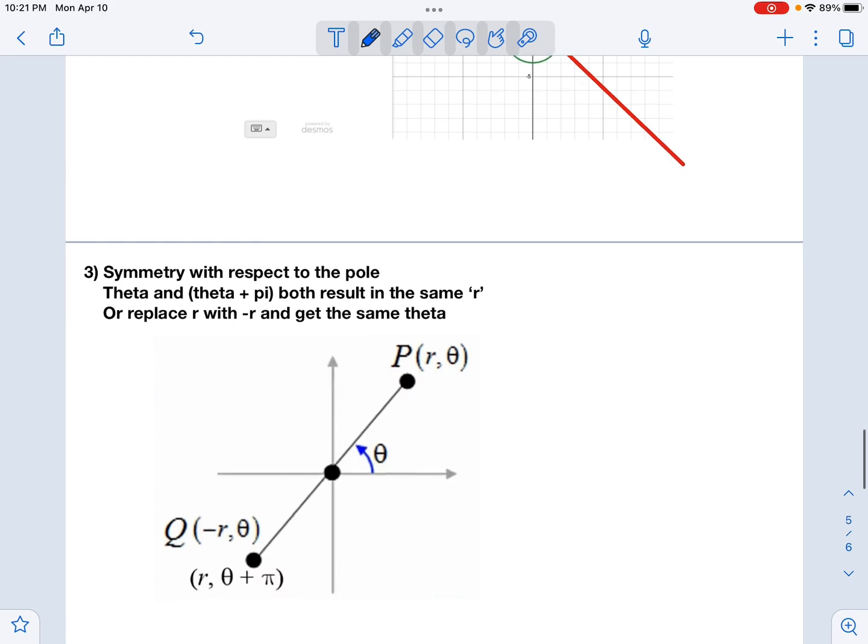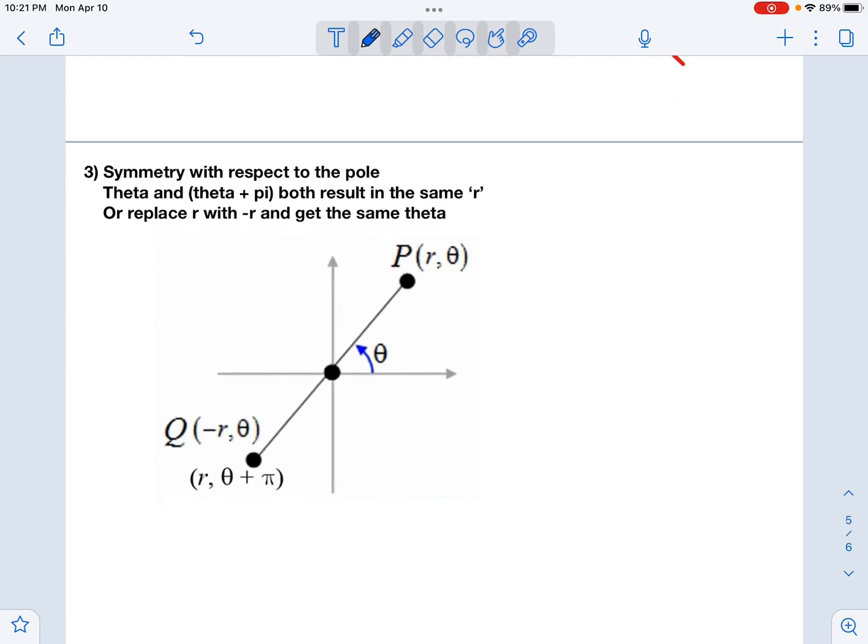The third test for symmetry is symmetry with respect to the pole, this being the pole. You can see here that Q is symmetric to P relative to the pole.